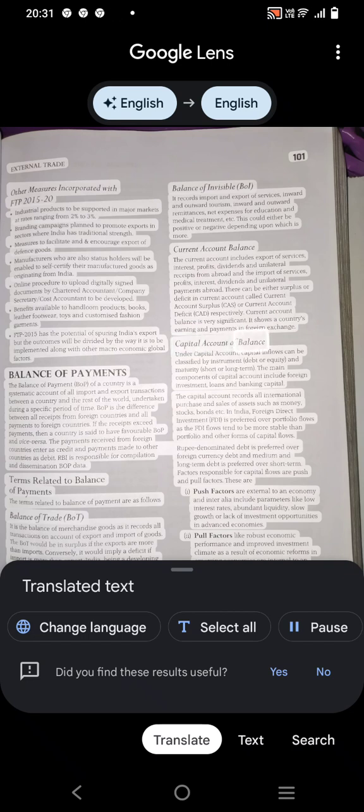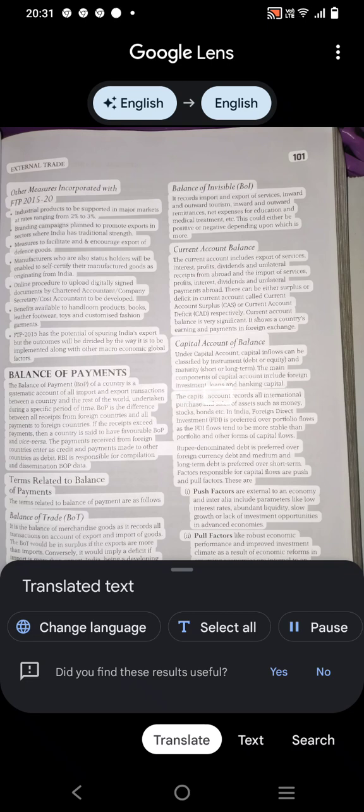Capital account balance. Under the capital account, capital inflows can be classified by instrument, debt or equity, and maturity, short or long term. The main components of the capital account include foreign investment, loans and banking capital.